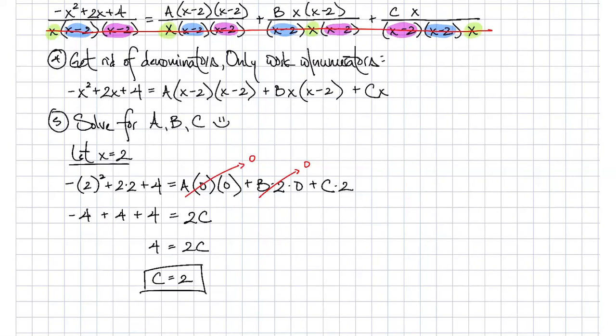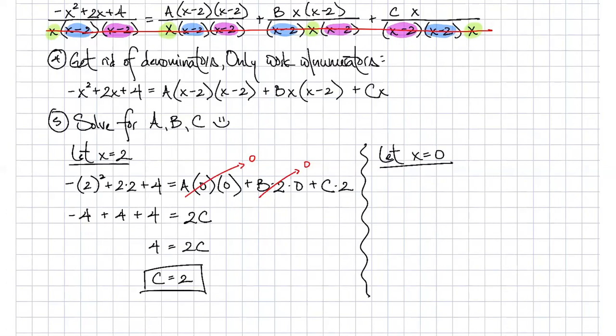Now we can repeat this process by choosing another number. Let's let x equal 0. Okay. And I'm choosing 0 because that green factor is just an x. And so when I plug in 0 for the green factor, that one makes that 0.